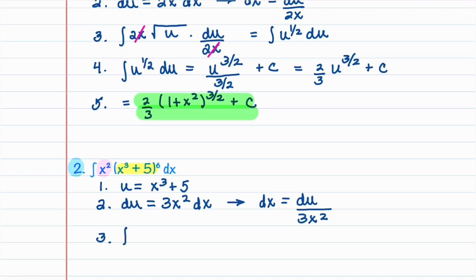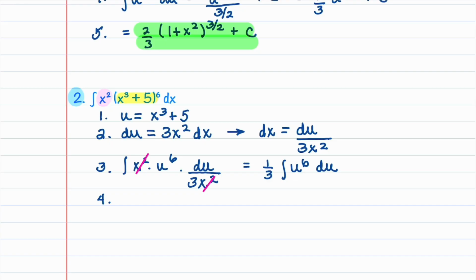We have the integral x squared. Now we're going to have u raised to the 6th power times dx, which is now du, all divided by 3x squared. We're going to cancel out our x squared terms, and we're left with 1/3. We can bring that out in front of the integral, u to the 6th du.